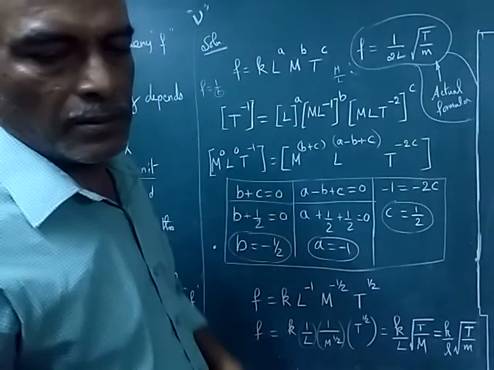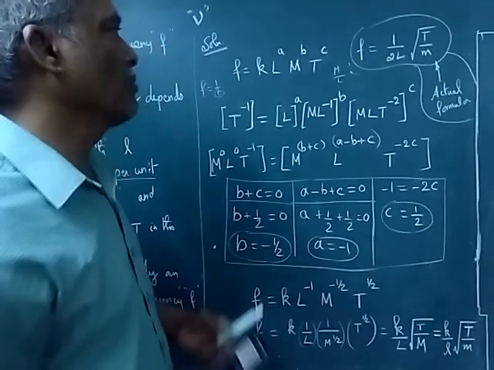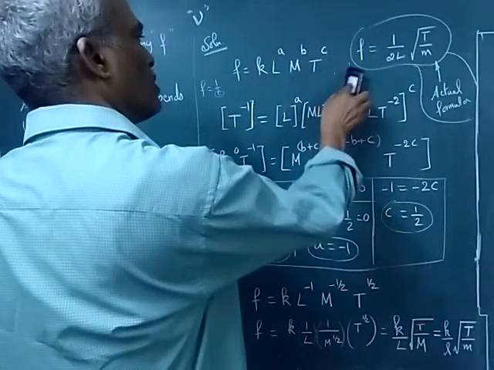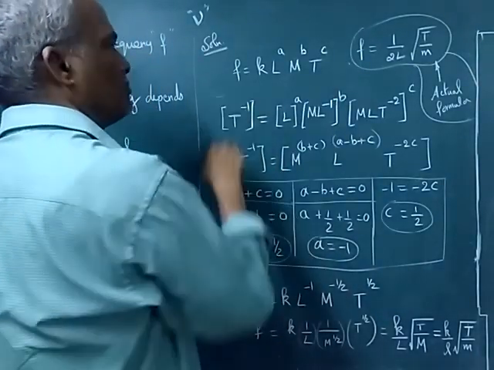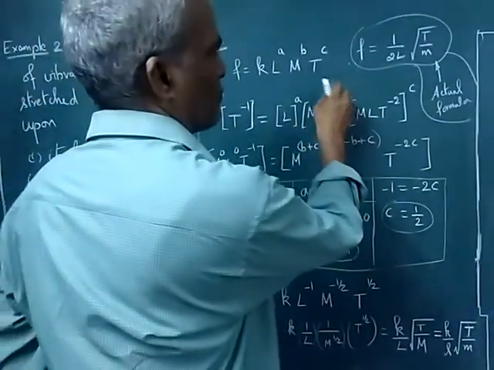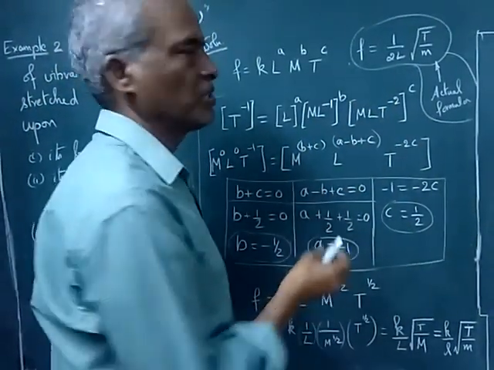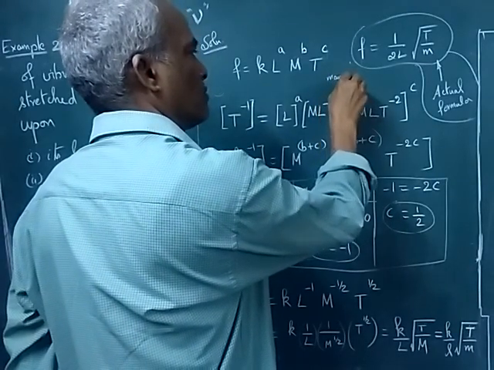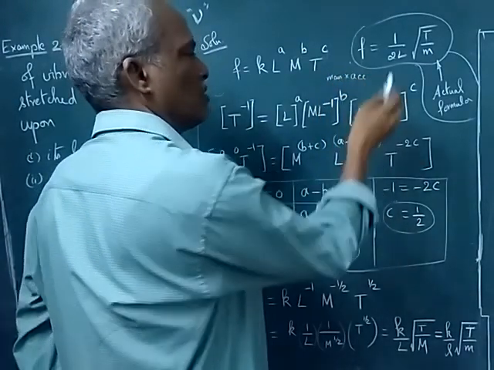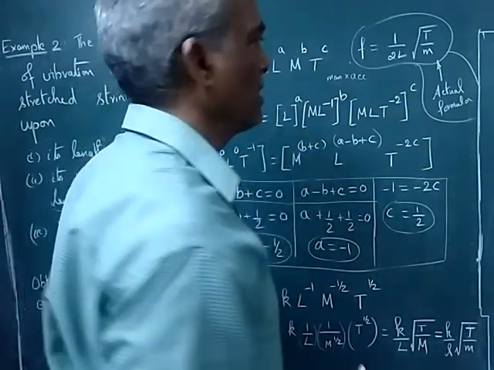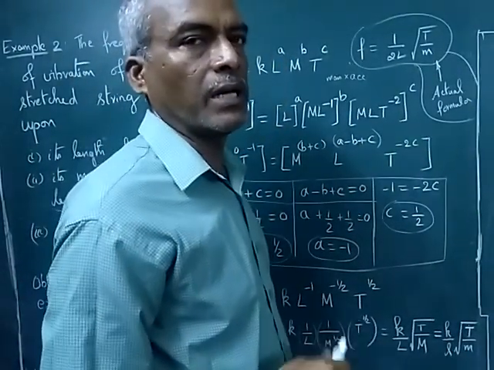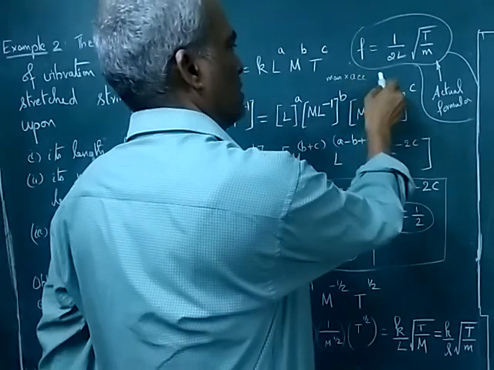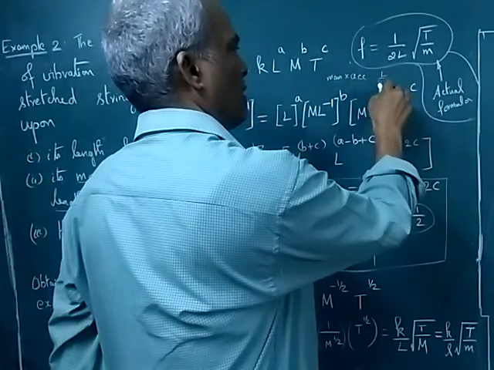T is tension. Tension is nothing but force. Force is equal to mass into acceleration. This T can be equated to force dimensionally. Mass you know m. Acceleration is distance divided by time into time, that is, length divided by time into time.